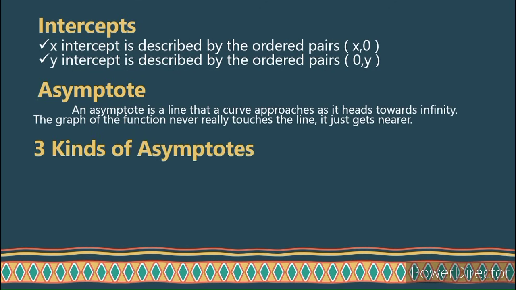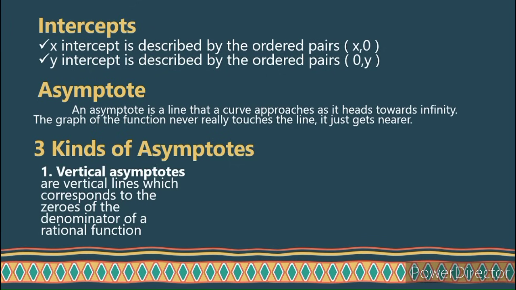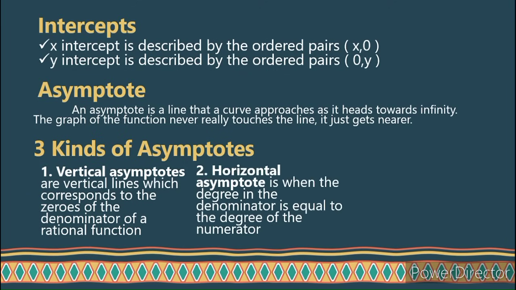Three kinds of asymptotes. First, we have vertical asymptotes. Vertical asymptotes are vertical lines which correspond to the zeros of the denominator of a rational function. Second, horizontal asymptote is when the degree of the denominator is equal to the degree of the numerator. Parehas ng exponent ang numerator and denominator.